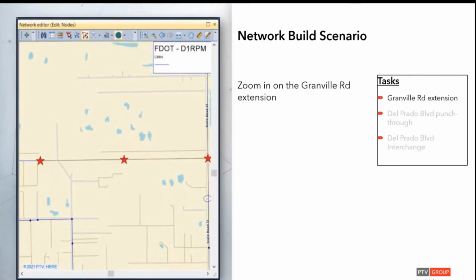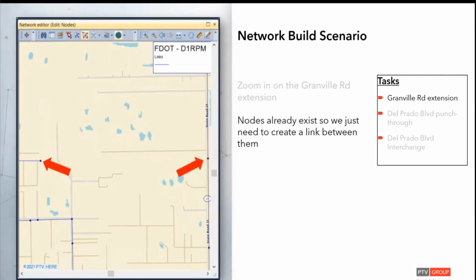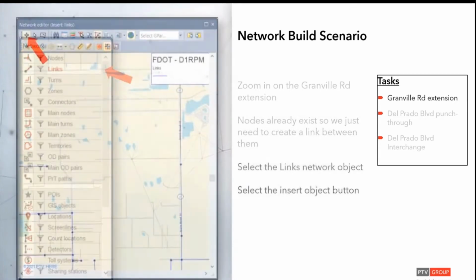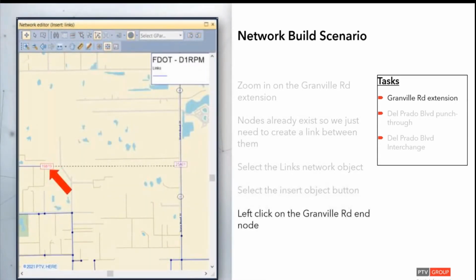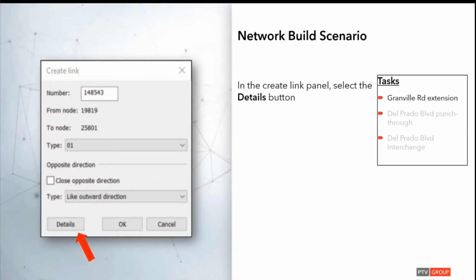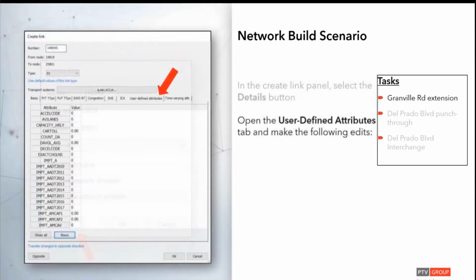And then we're going to focus in on our Granville Road extension. Using existing nodes that are already in the network, we're going to connect them using a link. So we're going to draw a link from one node to the next. And then we're going to set some specific details about the node that pertain to this particular demand model.